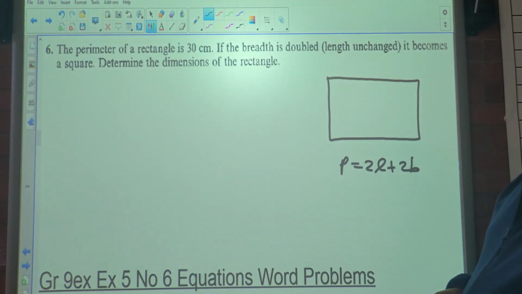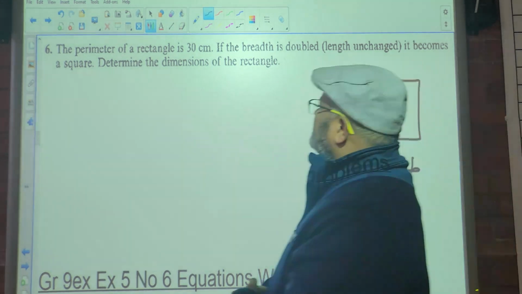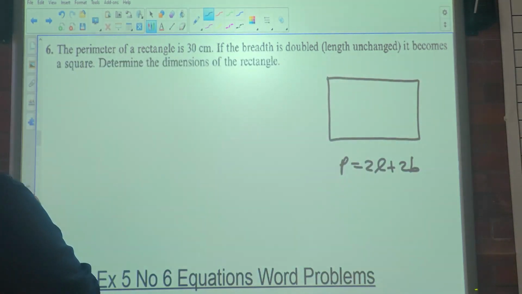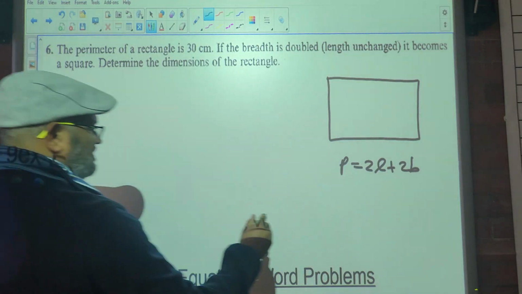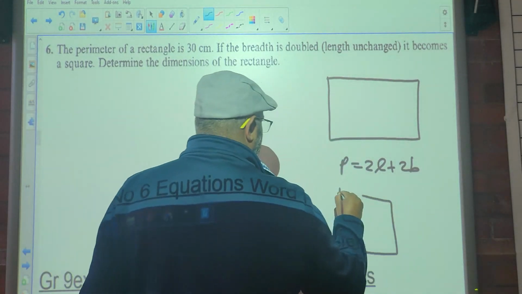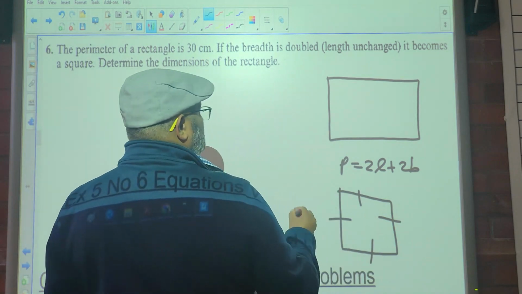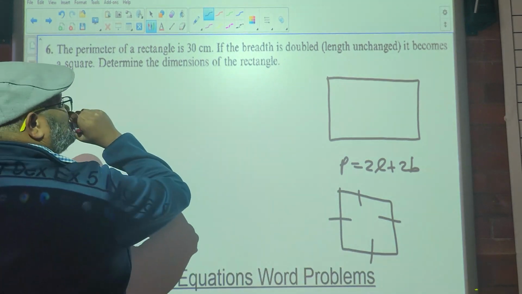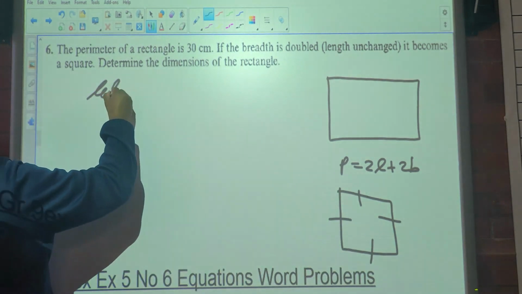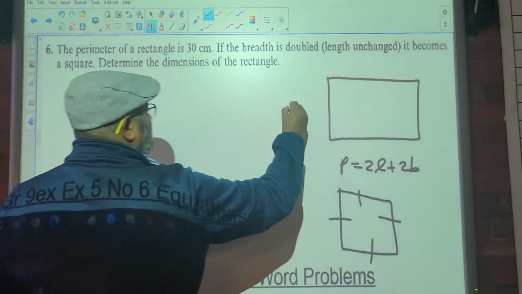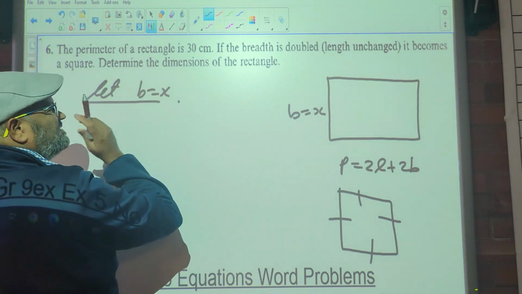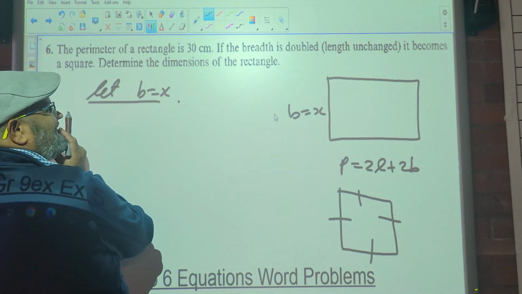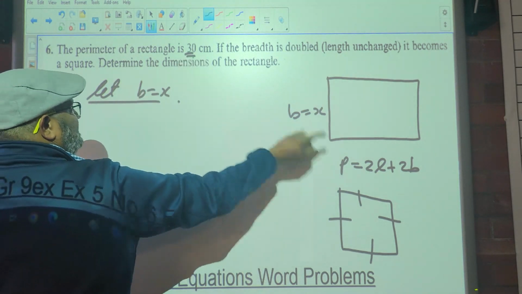Okay, so the perimeter of the rectangle is 30 centimeters. If the breadth is doubled, the length unchanged, it becomes a square. Okay? So that's a square. So if we let the breadth be x, by the perimeter, here we go.